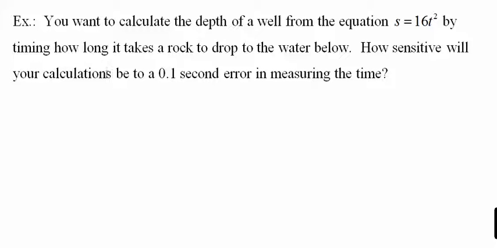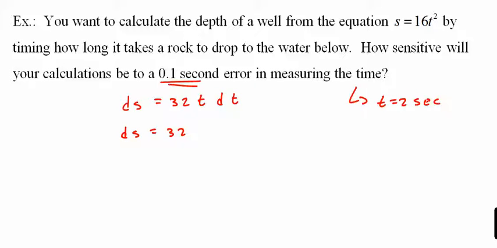So ds equals 32 t dt. And we may have screwed up by 0.1 seconds. So we are looking at ds equals 32, well, let's try t equals 2 seconds, and we'll try another one in a second, times 2 times 0.1.